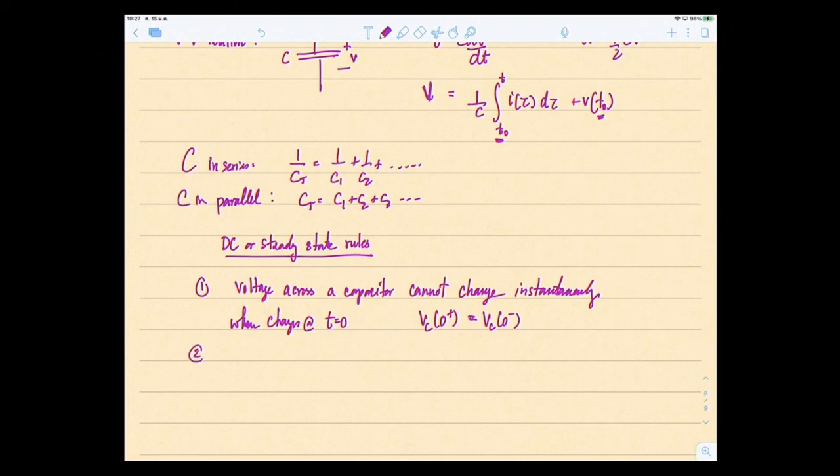Number two: when your capacitor is fully charged, it stays at a certain value. So I would say that a fully charged capacitor acts like an open circuit.